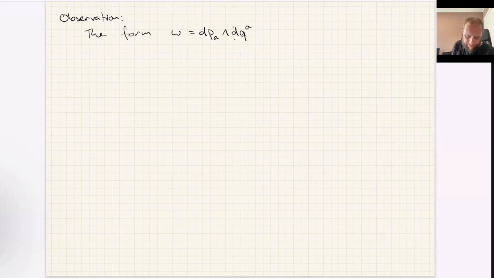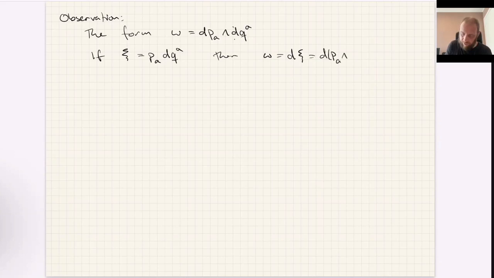So this means that if I define xi here as a one form, which is PA dqA, then omega is the differential, the exterior derivative of xi, right? Because this is then the dPA wedge dqA, so that's just the PA wedge dqA, right?